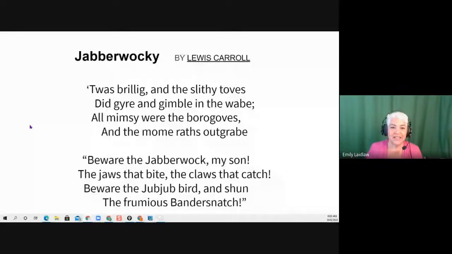it's only the first 2 stanzas of his poem. And we've never spelled these words before. We're going to have to read them. Okay?